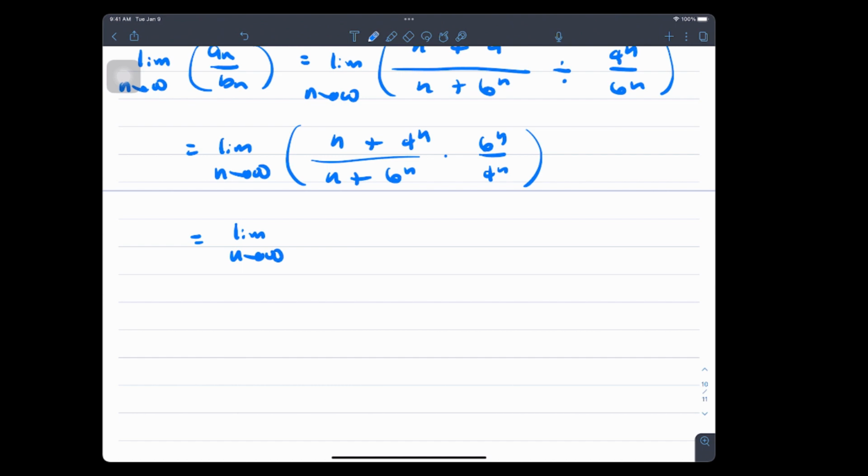Well, if we distribute, n 6 to the n plus 24 to the n over n 4 to the n plus 24 to the n.